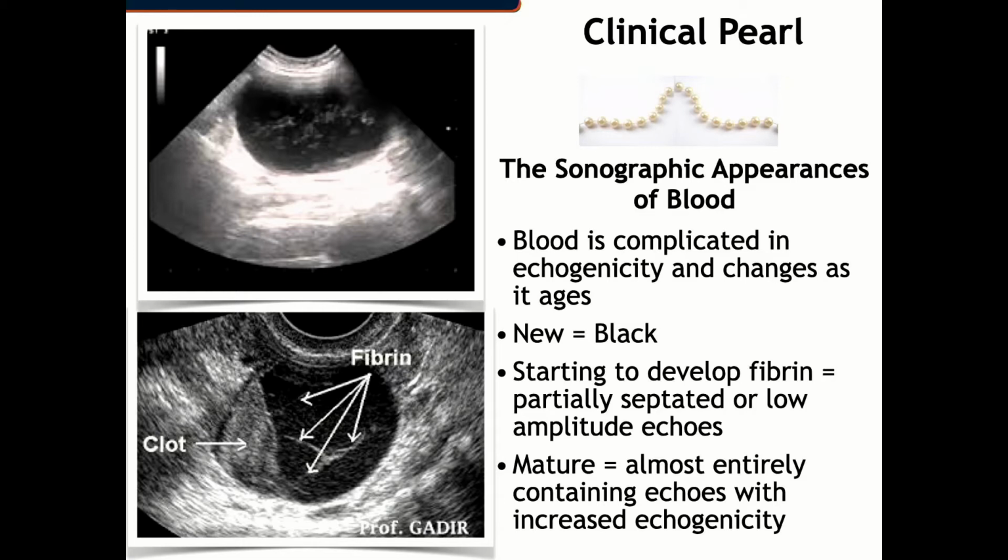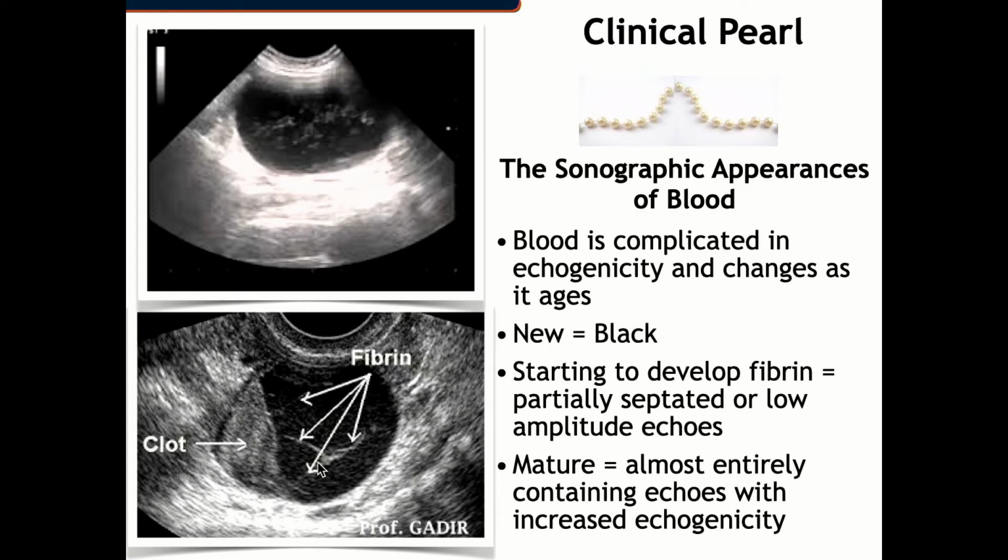Blood is going to be tricky for you, potentially, because the appearance of blood changes as it ages. Brand new blood, which is still quite liquid, is anechoic. It's black in appearance.